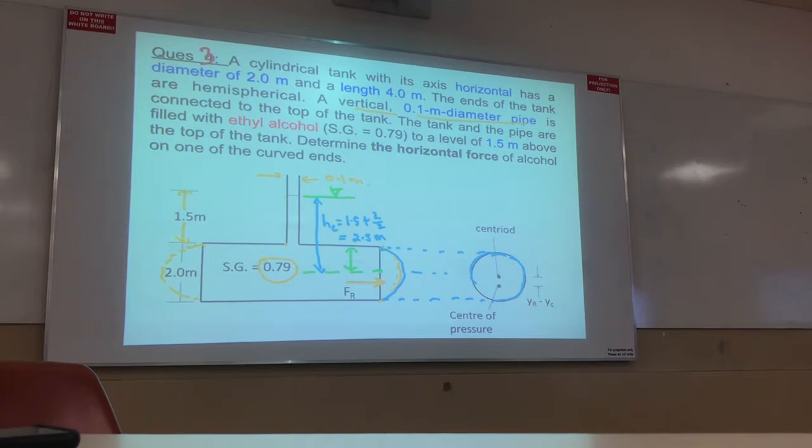This is the cross-sectional area. What is the area? Pi r square or pi by 4 d square. Area of this portion? Pi by 4 d square, right? Or I can write pi by 4 2 square. No problem.